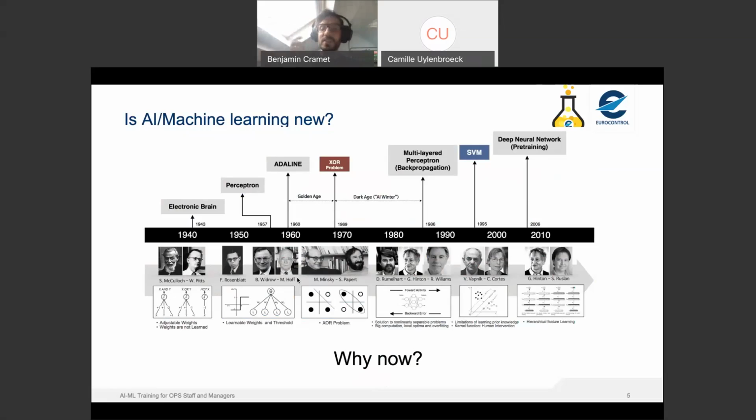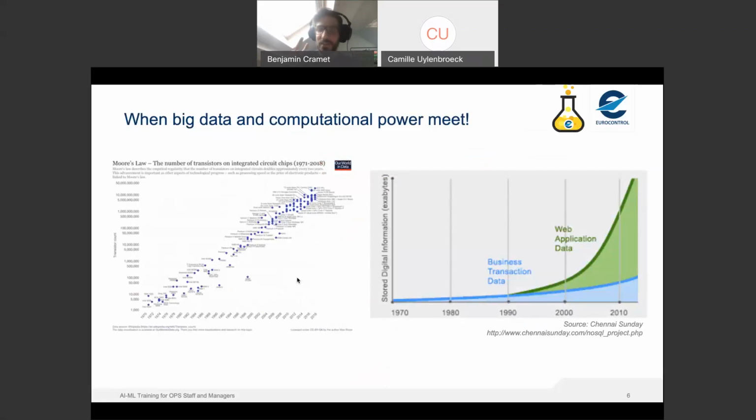What changed? What triggered this possibility for AI to materialize business value, goods, delivery? What is possible today that was not possible yesterday, although very bright minds were working on that and making very useful discoveries? Well, it is two things. First, the computing power. Today we have an unprecedented computing power.